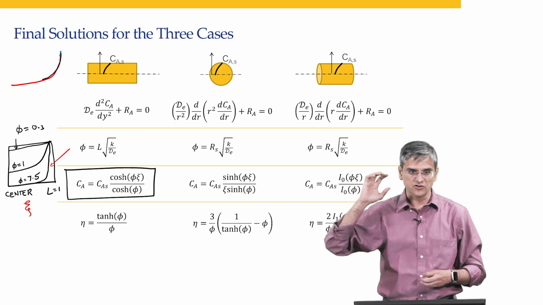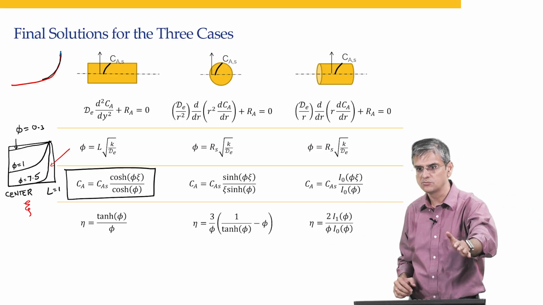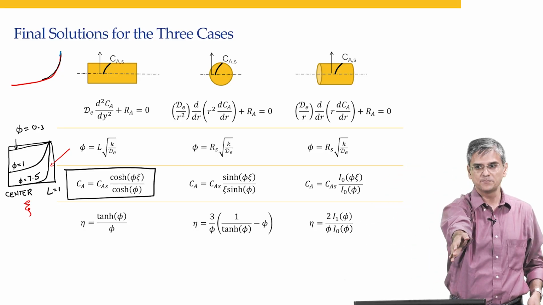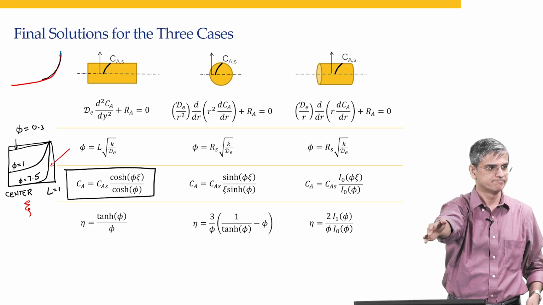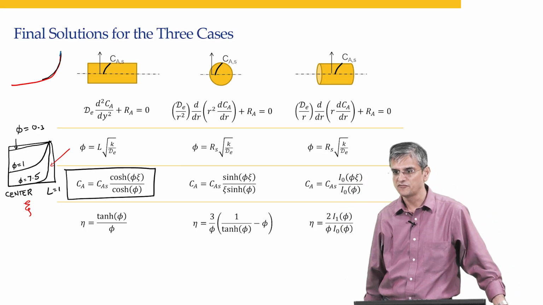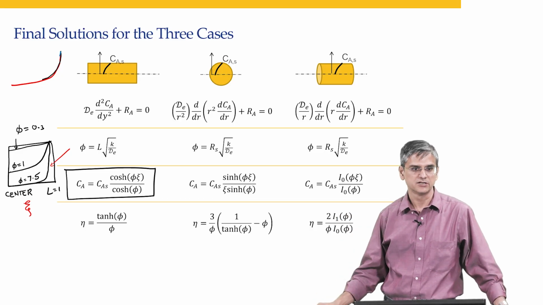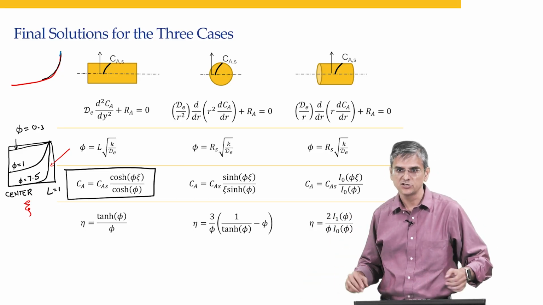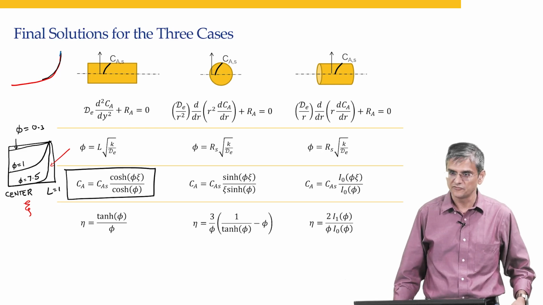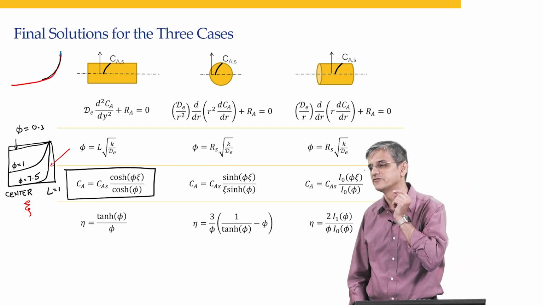The physical significance of your phi is how difficult it is for you as a molecule to swim through the catalyst pellet while reacting. Reaction in the numerator, diffusion in the denominator. If as a swimmer you are finding it difficult, your phi value is going to be larger. If you are finding it easy, your phi value would be smaller. And it is all relative.